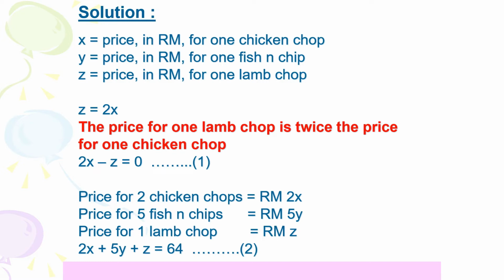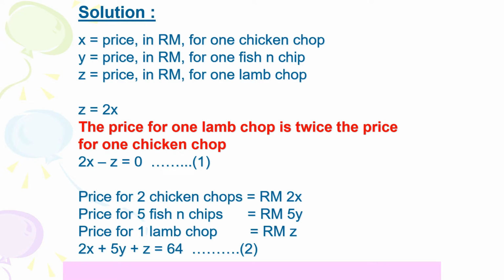That means 1 lamb chop, represented by z, is twice the price of 1 chicken chop, represented by x. So we can make the first equation, which is z = 2x, or 2x - z = 0. This represents equation 1.